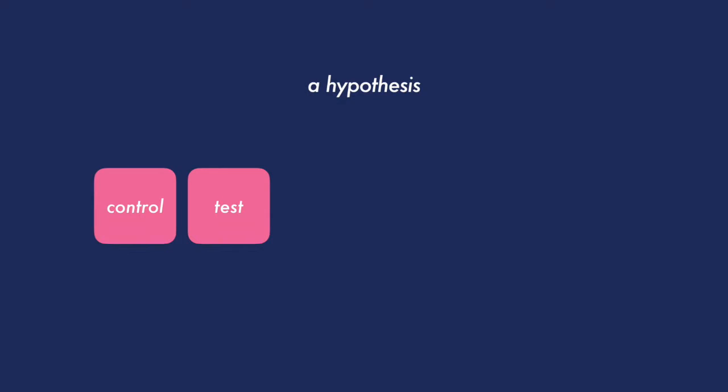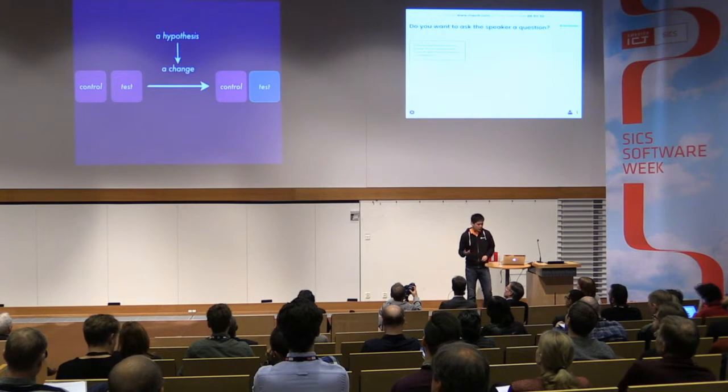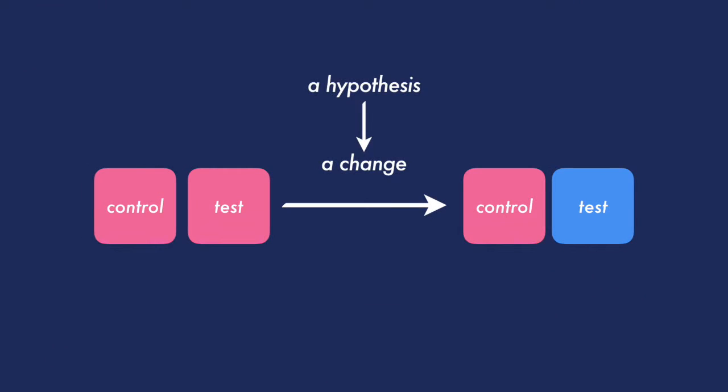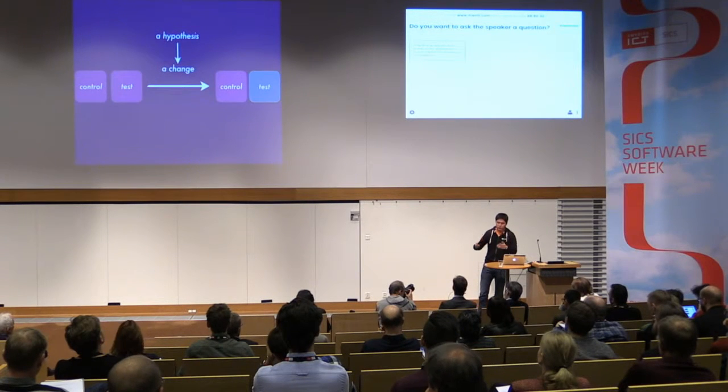Hopefully, you have lots of users, so you can divide the user base into control and test. Then you develop some corresponding change in your product according to the hypothesis, for example, switching the color on the button. And you apply that change, rolling out the product to the users in the test group, and wait for some time until all the users have tried it out.